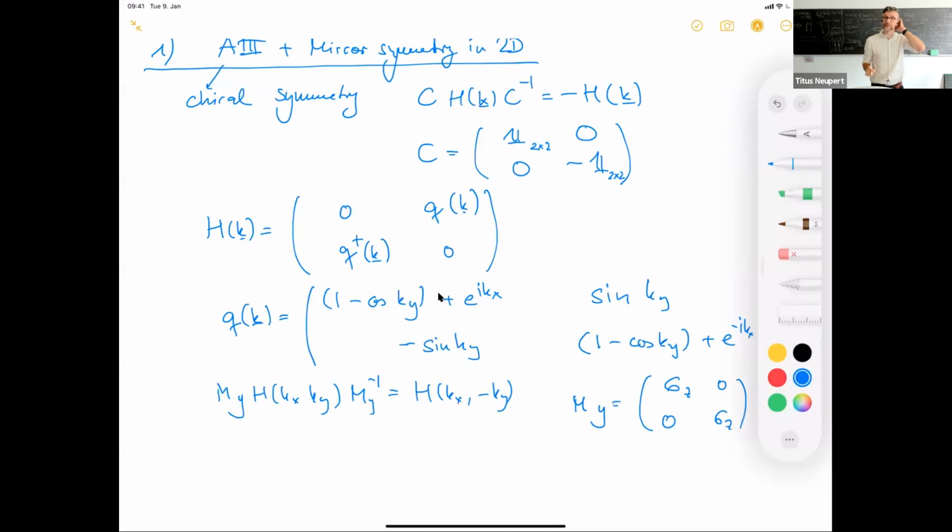So simultaneously, I've diagonalized the chiral symmetry and the mirror symmetry. And there are two mirror subspaces, one with plus 1 and one with minus 1 eigenvalue.